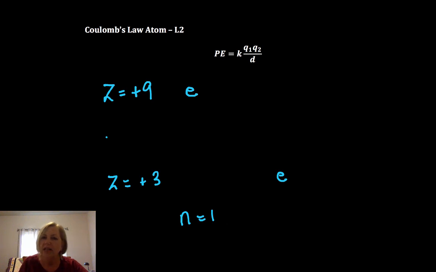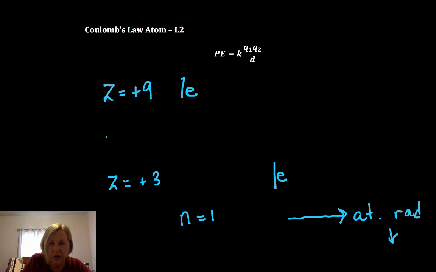So not all N equals 1 are the same energy level. You will be able to apply this to periodic trends as you look across a period. You'll find that atomic radius decreases. That's because the N equals 1 is closer to the nucleus as you increase nuclear charge.